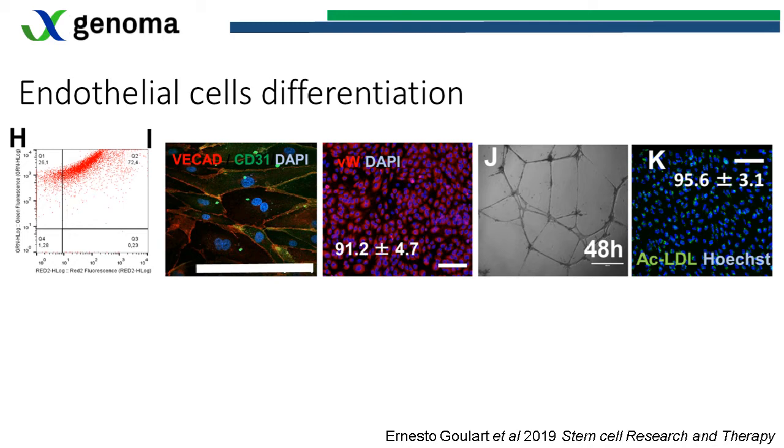And once we plate the cells on a Matrigel bed, the endothelial cells spontaneously start to make blood vessels, capillary vessels, as we can see here on ImageJ. And also, the endothelial cells have this specific ability to take up acetylated LDL, as we can see here on letter K.